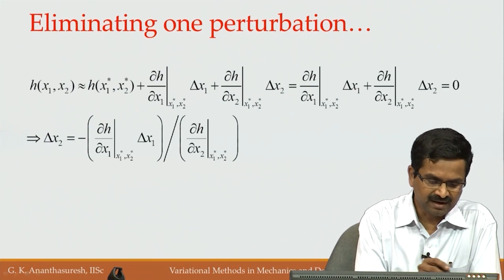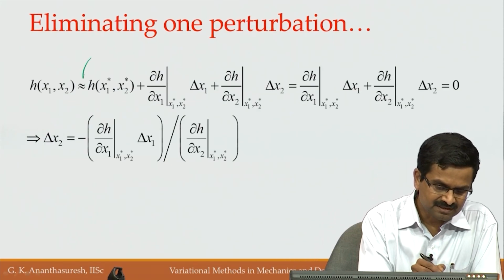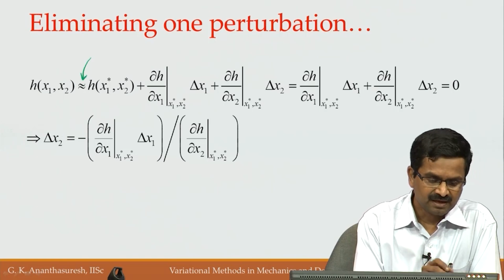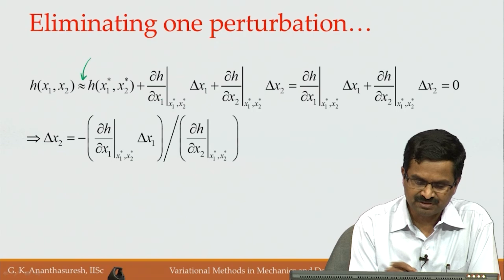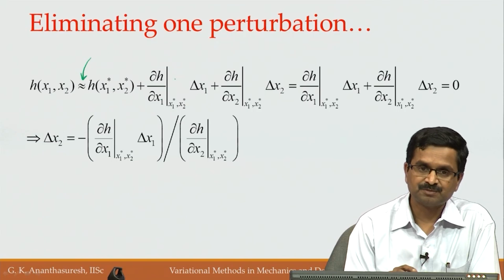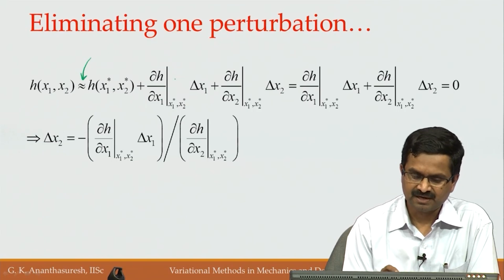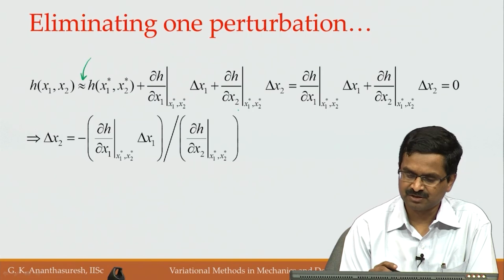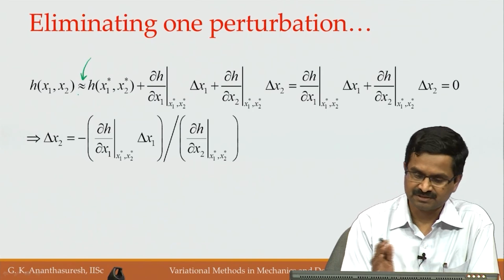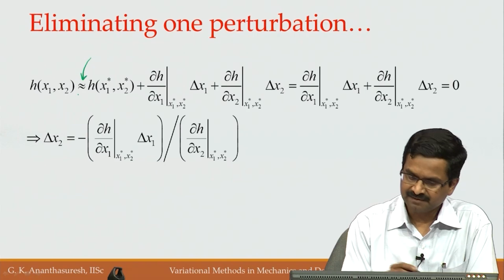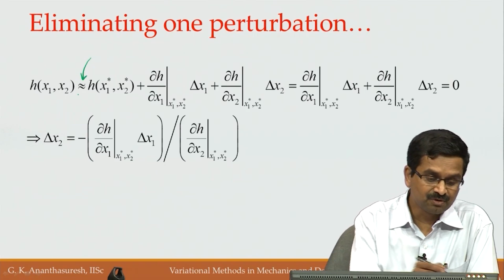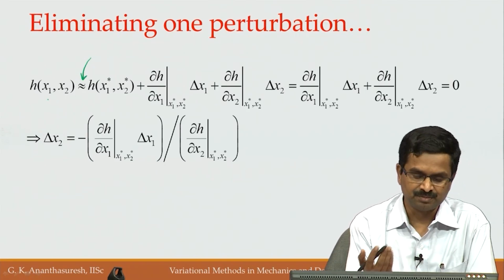What I wrote by hand, we are approximating, that is the symbol for approximation, h of x1, x2. We are approximating with a 0th order term, and then the first order terms that we wrote, dou h by dou x1 times delta x1, dou h by dou x2 times delta x2, and that is it, the approximation. For first order we are stopping there, and then we say that it should be equal to 0, that is, after perturbation it should be 0.